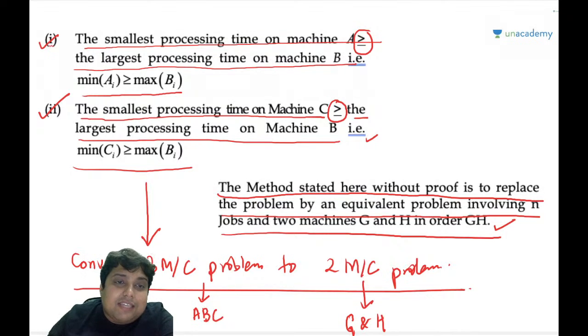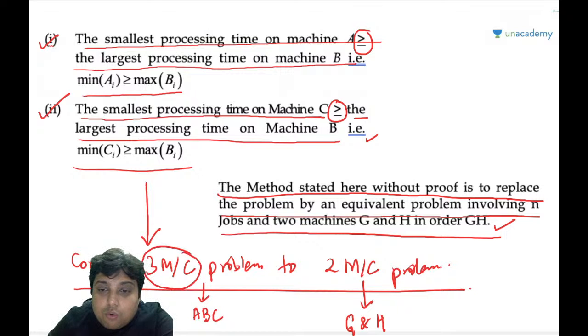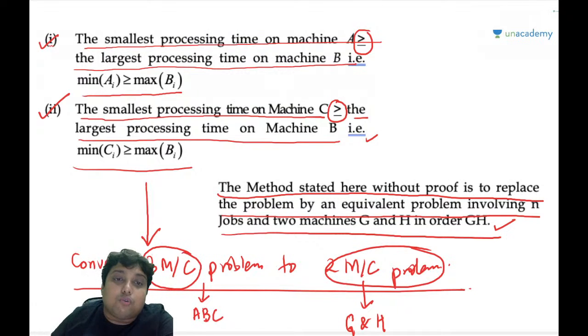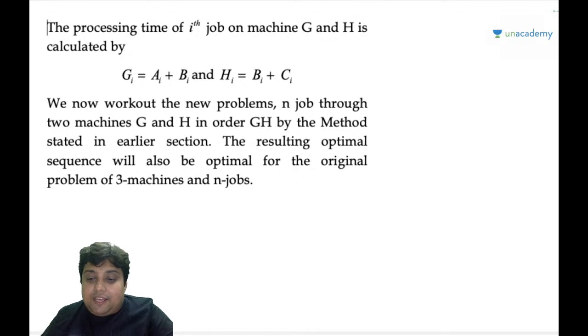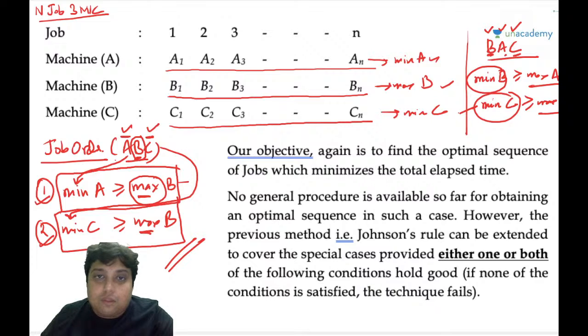It simply says that even if one of the conditions is satisfied, convert the 3 machine problem into a 2 machine problem. How to do that? Let me use the eraser.